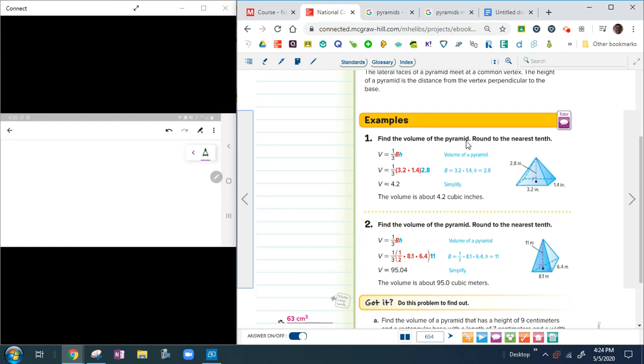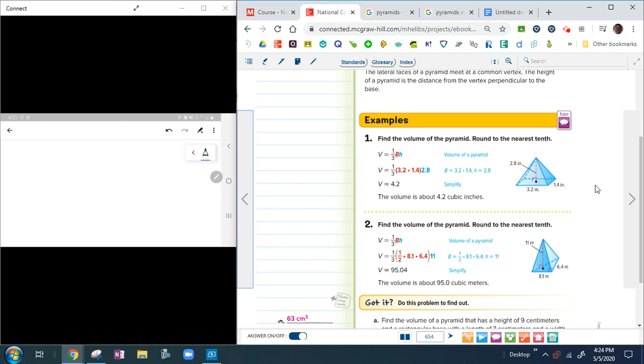Now, let's look at this. First step to all these volume problems, area problems, the geometry problems we've been doing is to identify the shape. Identify the shape you're working with, because the shape determines what formula you'll need to use. So anyway, it says find the volume of a pyramid.